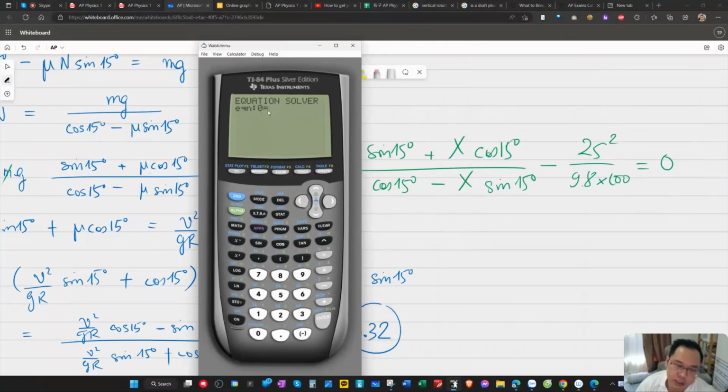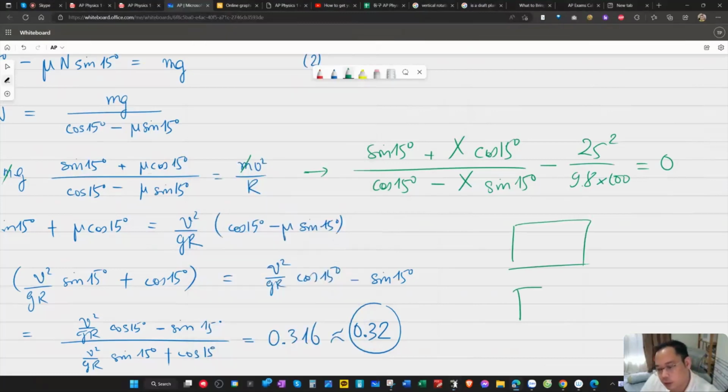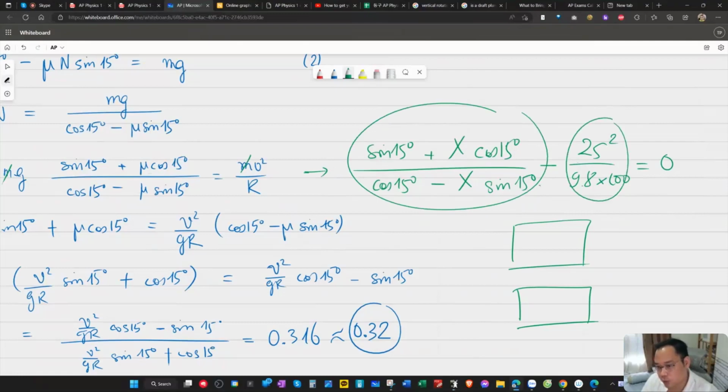Do you have the interface like this? It's a bit different, two boxes. So one box you can enter this one, and the other box is this one without the negative sign. I sent you a link about solving the equation like that, one into this box and the other into the other box with no negative sign.